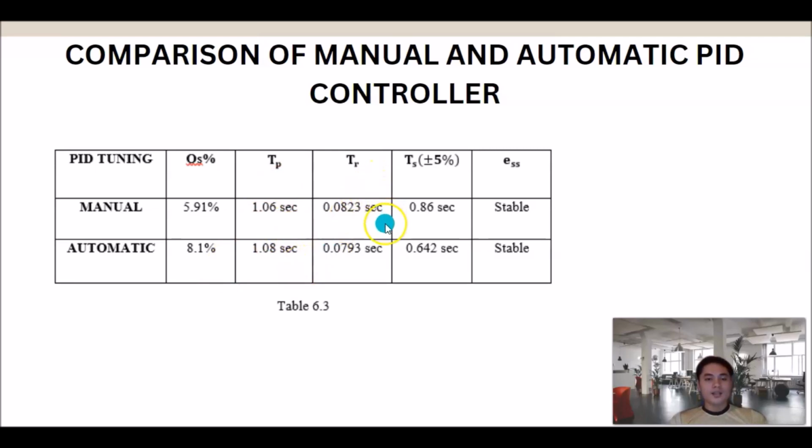Our TR is 0.0823 seconds and automatic is 0.0793 seconds. Our TS is 0.86 seconds for manual, and for automatic is 0.642 seconds. So both of these PID tunings, manual and automatic, are stable. That's all for the comparison of manual and automatic PID controller.